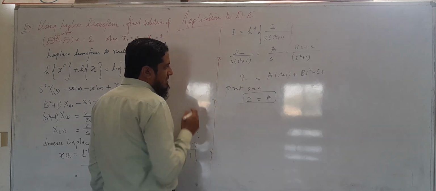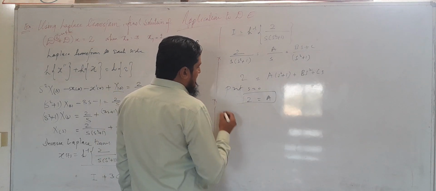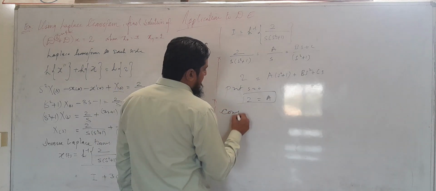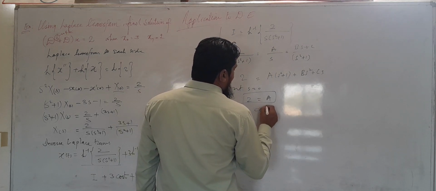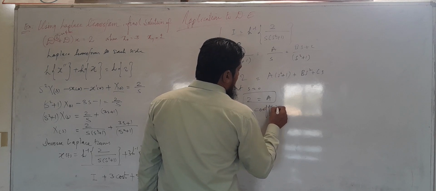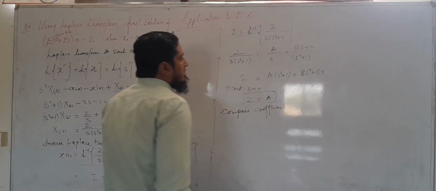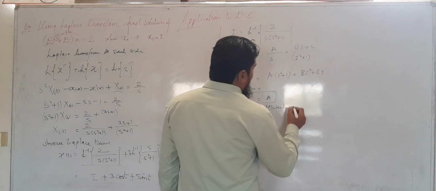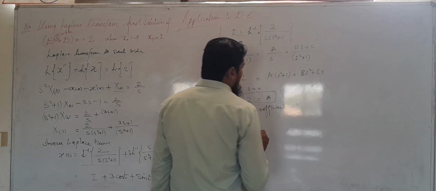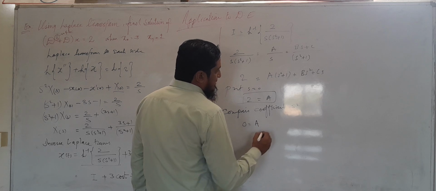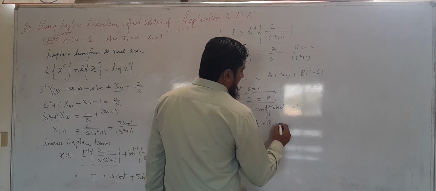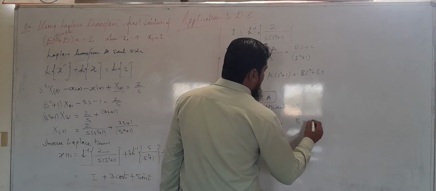Now compare the coefficient of s square, we will get A plus B equals 0. This implies that B is equal to minus 2.